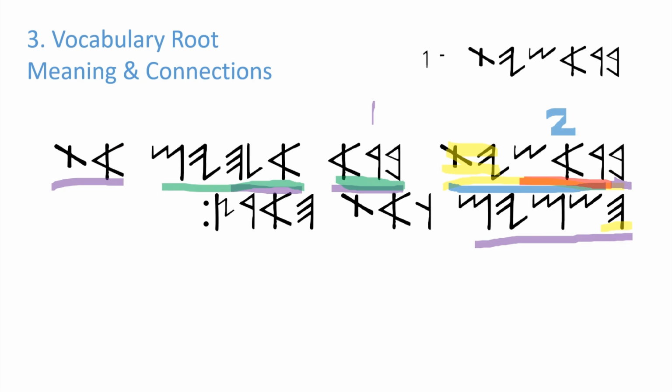Ha-shamayim is 2 words. It is a prefix the, which is the hey symbol, and then the shamayim. Shamayim has a word in it that is water, and I underlined it in blue. Actually, I underlined it in red.